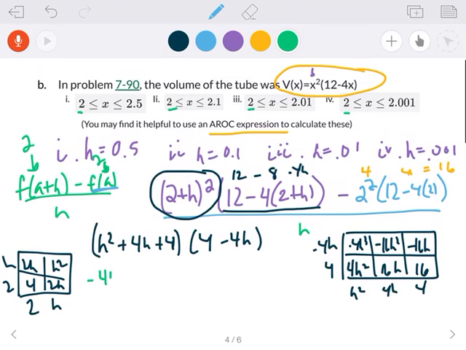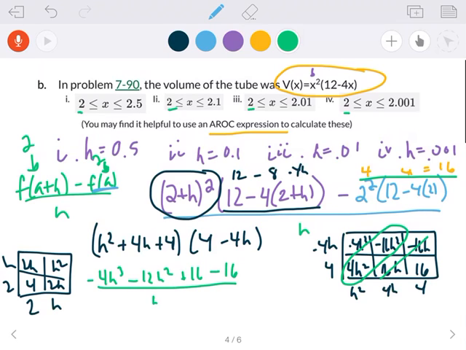Negative 4h cubed. And then 4h squared minus 16h squared is going to be minus 12h squared. 16h minus 16h is just gone, plus 16. And then we saw from our expression up here that we had minus 16. We have all of this over h.